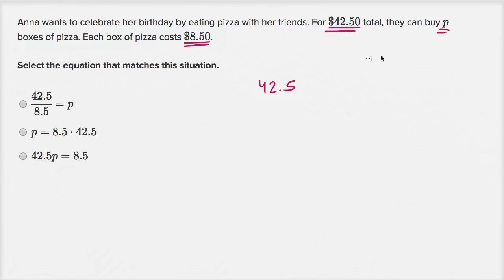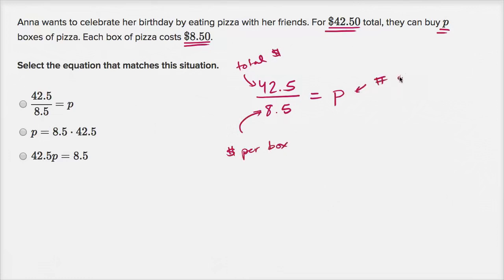And if I wanted to figure out how many boxes of pizza they could buy, I could divide the total amount they spend by the price per box, and then that would give me the number of boxes. So this is the total dollars. This right over here is the dollar per box. And then this would give me the number of boxes.